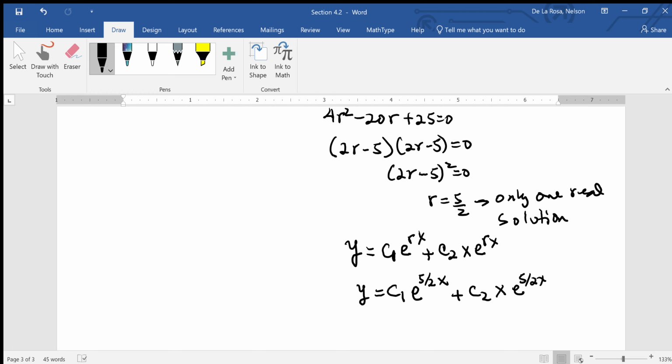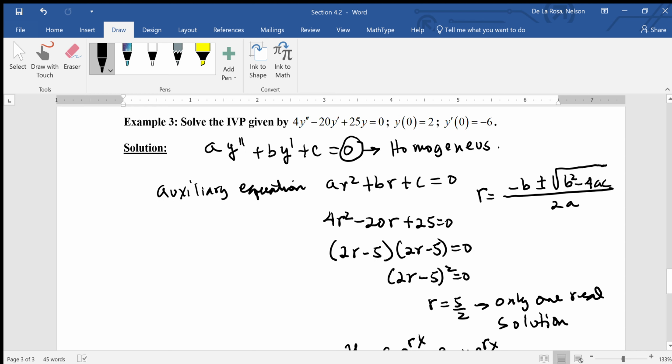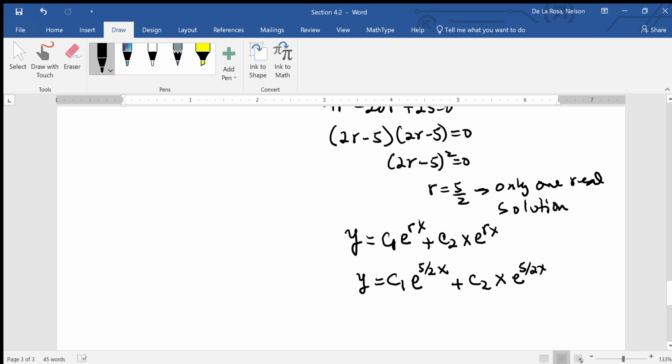Now, this problem is an initial value problem, which means that we have to solve for c1 and c2. The first condition given is y at 0 is 2.